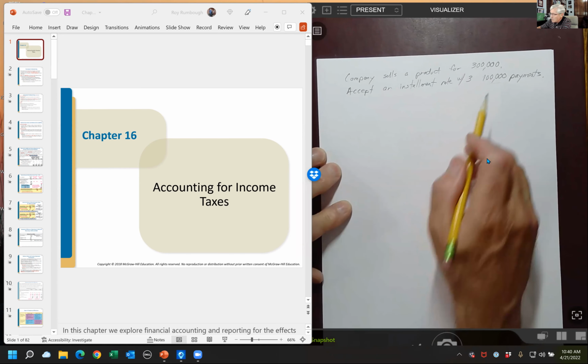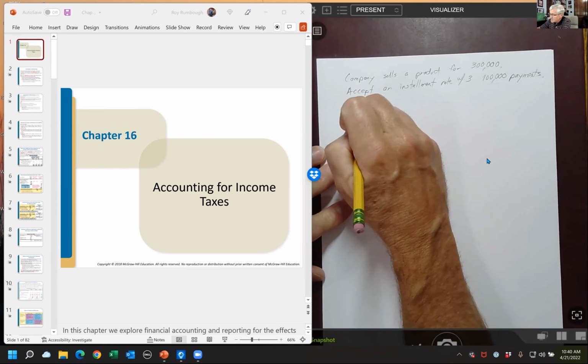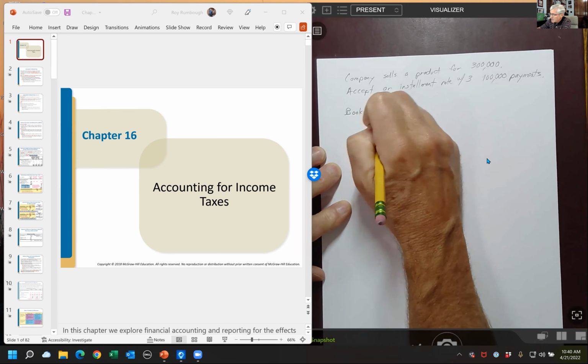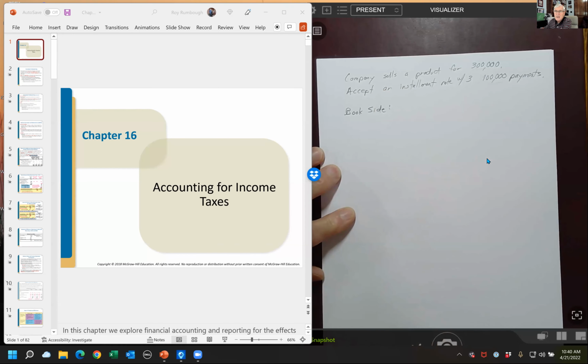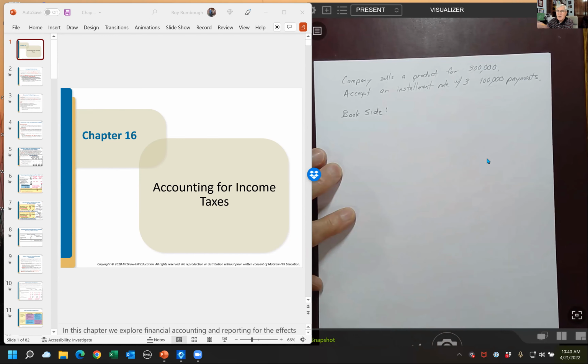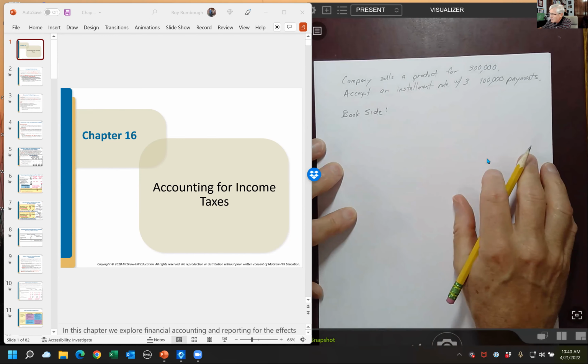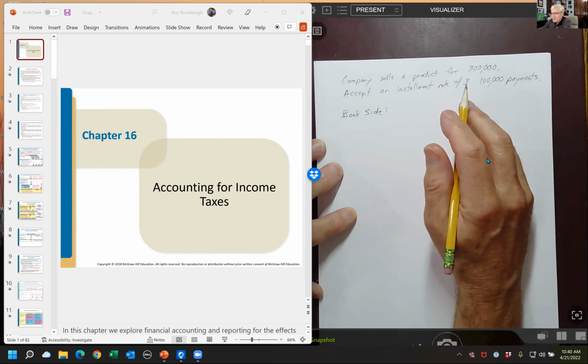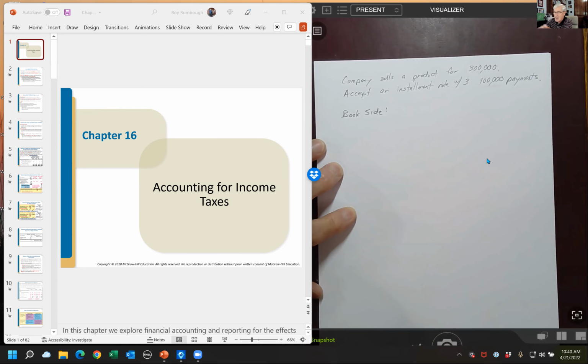So what would we do with this on the book side? We're going to record, and I'm going to ignore the cost of goods sold too, because that's another area. I'm just going to look at the revenue side here, and that's where the difference is between tax and books.